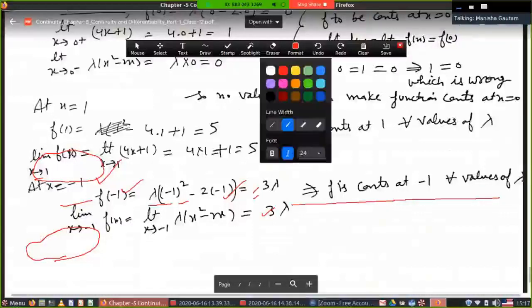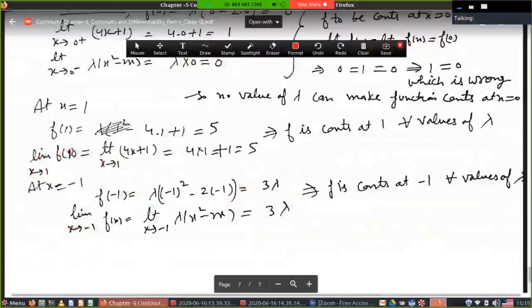At x equal to minus 1, which is less than 0, you have to take the function lambda times of x square minus 2x. Now put x equal to minus 1 and simplify it, you are getting 3 lambda.